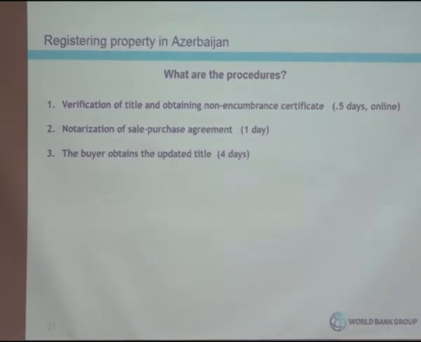Then it was necessary to go to the notary and have the sale and purchase agreement drafted and notarized. And then the buyer would request from the land agency to obtain the updated title. And here we had multiple options in order to obtain the updated title, depending on the amount of money paid to obtain it.